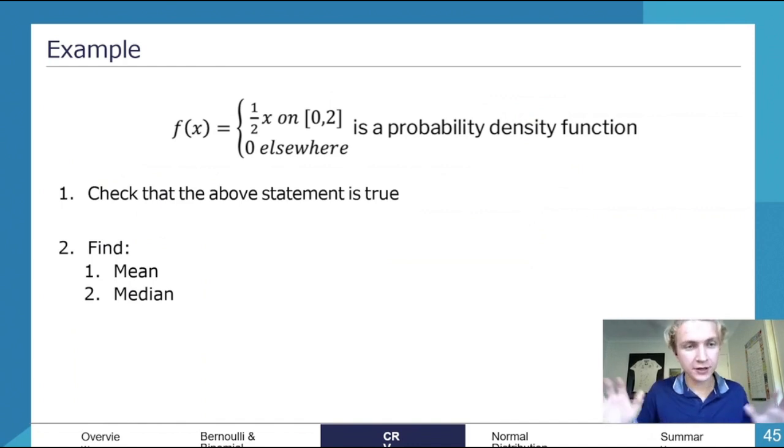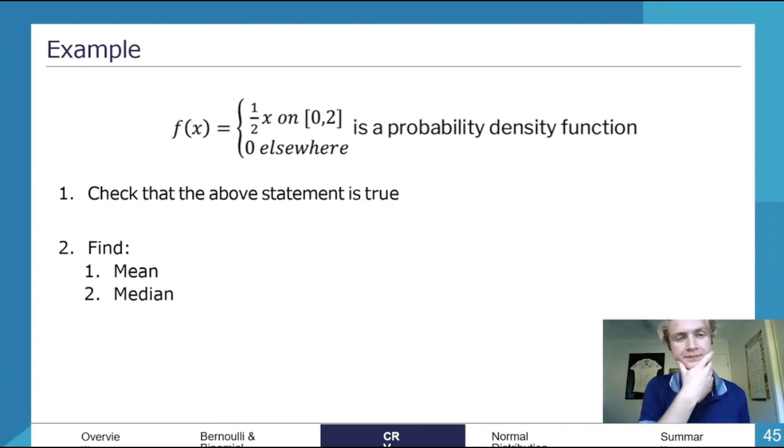Okay, so we're now going to go over another example. We've got a probability density function. This probability density function follows the rule half x between 0 and 2, and it's 0 elsewhere. In question 1 we're trying to show that this is a probability density function.